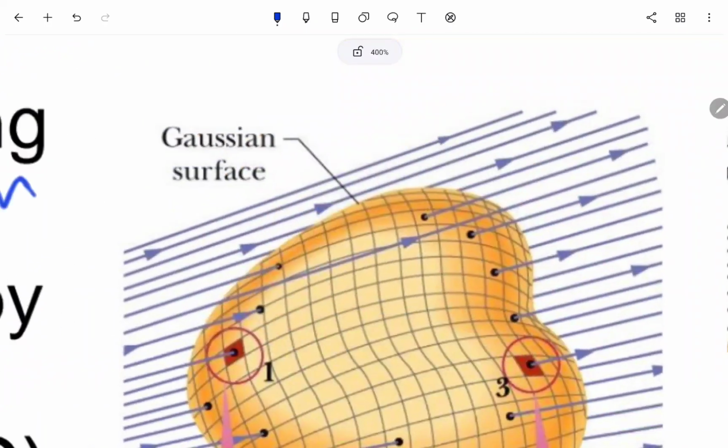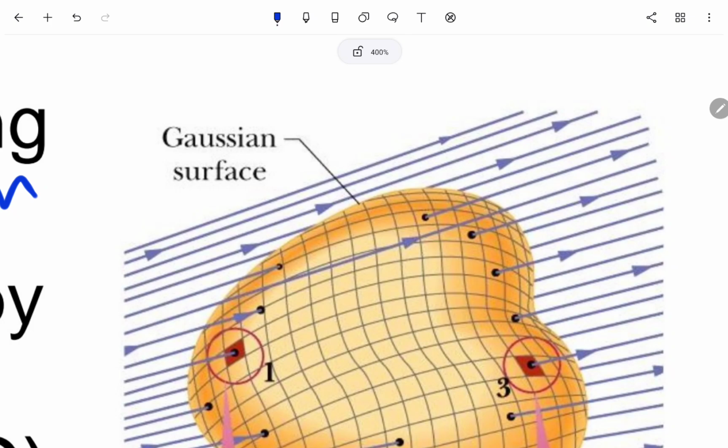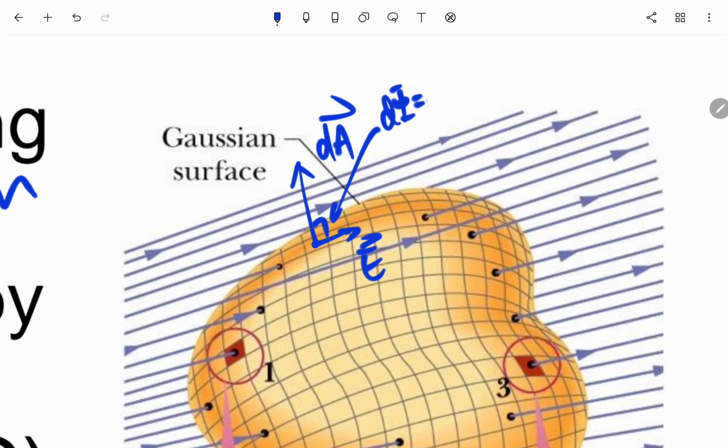So in such a way, for this point we need to define dA to be pointing outside, and if this E field is perpendicular to it, let's say you can see many blue arrows pointing to the right side, so we assume the E field at this point is pointing to the right side and is perpendicular to dA. Then for this element, d phi will be E dot dA, and in this case E and dA are perpendicular to each other, which will be 0.